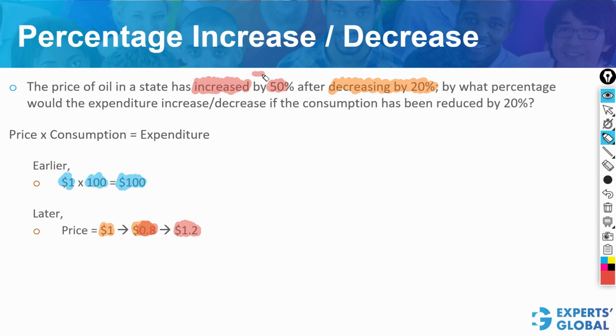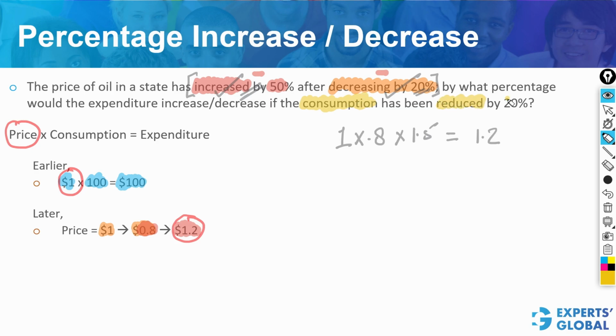An interesting point here, the order does not really matter whether it is this decrease first or this increase first. Eventually, it is about multiplying by 0.8 for this 20% decrease and multiplying by 1.5 for this 50% increase. The value will turn out to be 1.2 only. The order of these events does not matter. So price, we know, has changed from $1 to $1.2 and the consumption has been reduced by 20%.